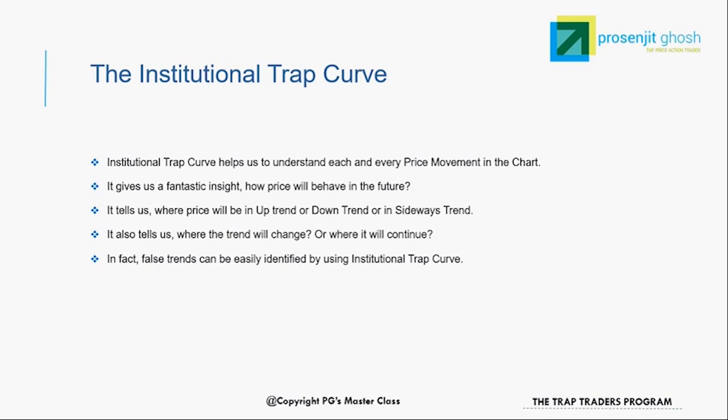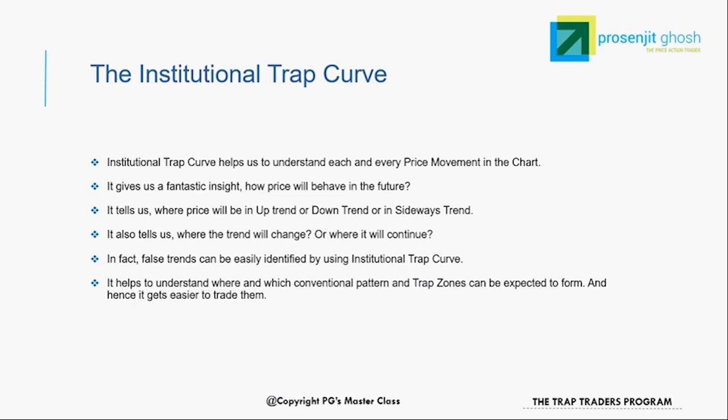In fact, false trends can easily be identified by using institutional trap curve. It helps us understand which conventional patterns and trap zones can be expected to form, and hence it gets easier to trade them.